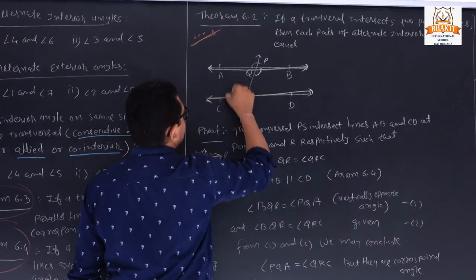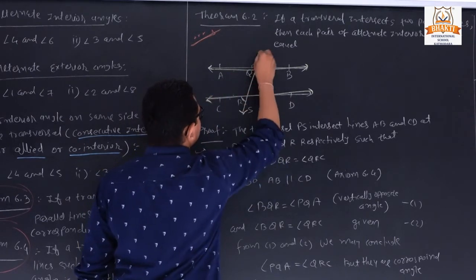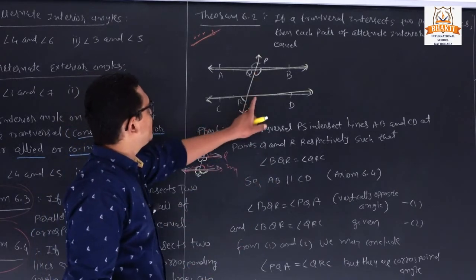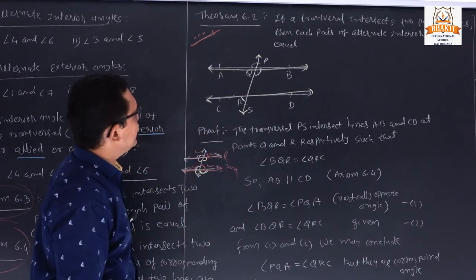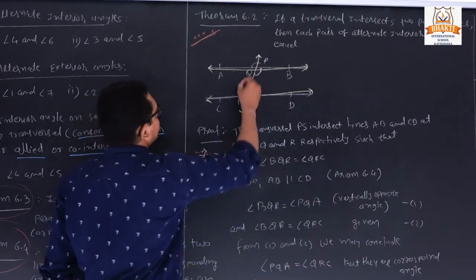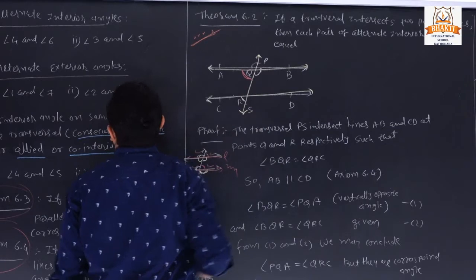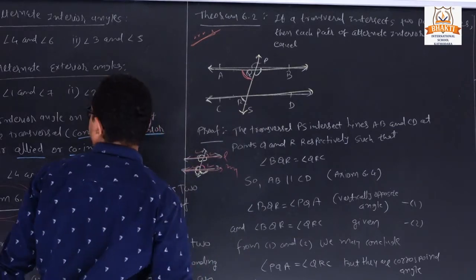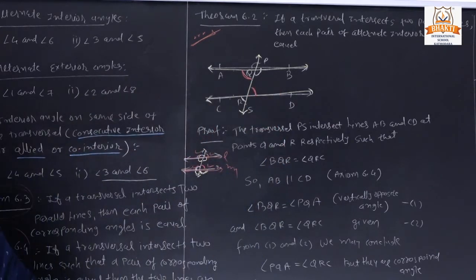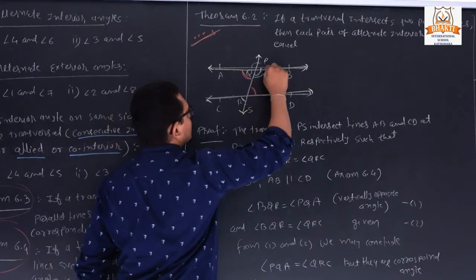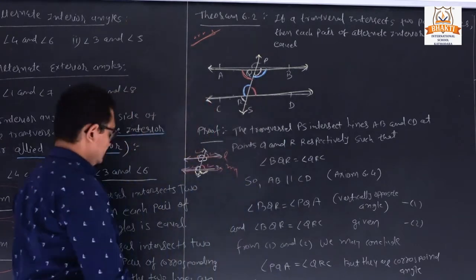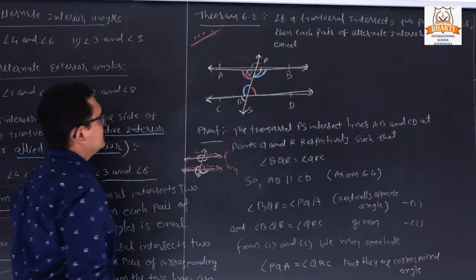So these both are parallel, and I am drawing a third line, the transversal. Clear? They intersect at Q and R. Then each pair of alternate interior angles, this is known as alternate interior, 4 and 6. These both are the same and these both are also the same. Clear? We need to prove that alternate interior angles are always the same.